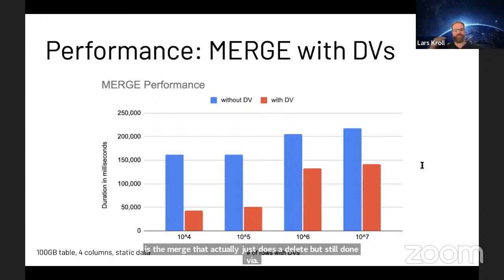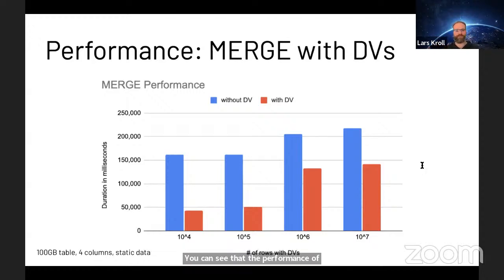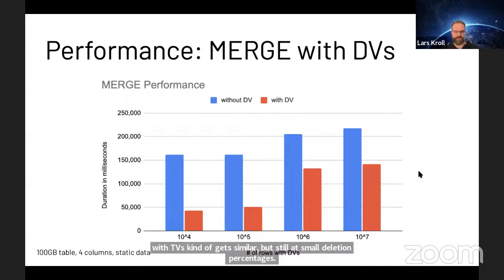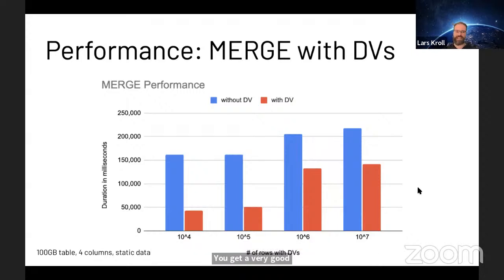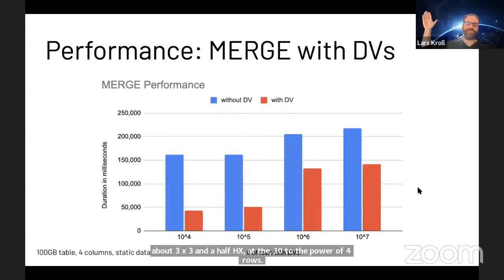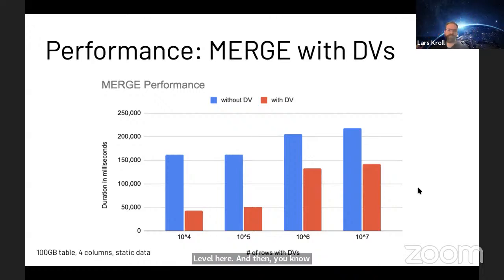You can see that the performance of without DVs and with DVs kind of gets similar, but still at small deletion percentages, you get a very good performance improvement. This is about 3x, 3.5-ish x at the 10 to the power of 4 rows level here. All right, and then, you know, eventually you come to more or less the same performances without DVs as you delete more and more.